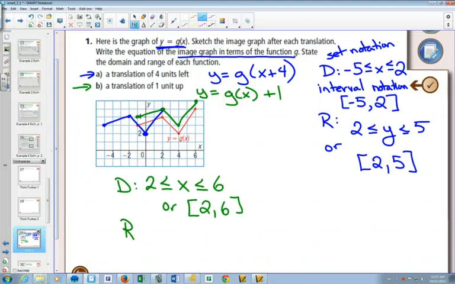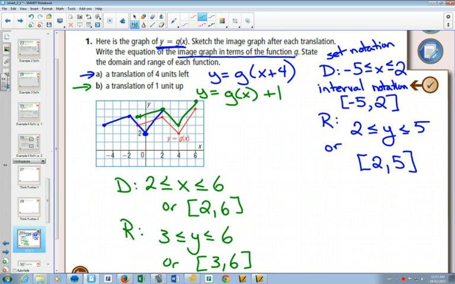And our range, smallest y value is 3. And our largest y value is 6, to 6.